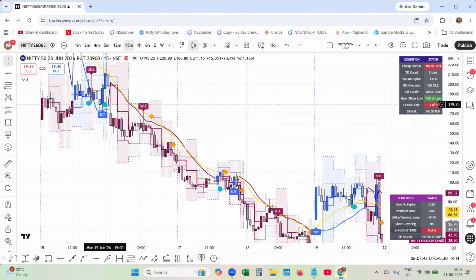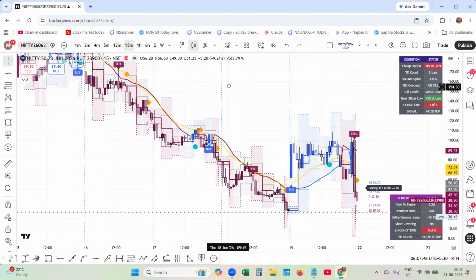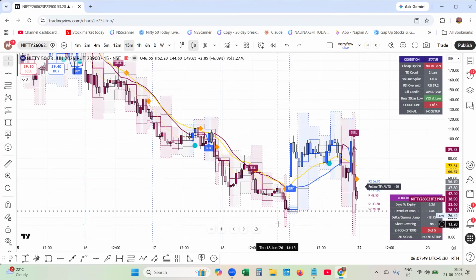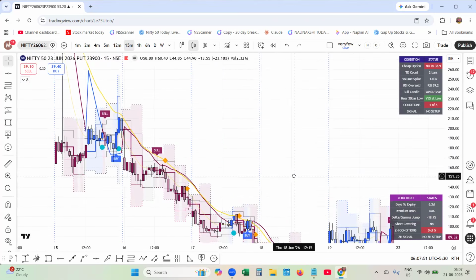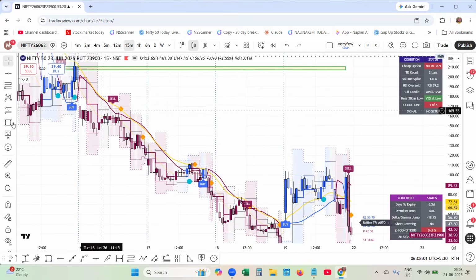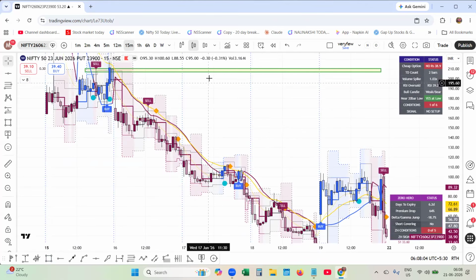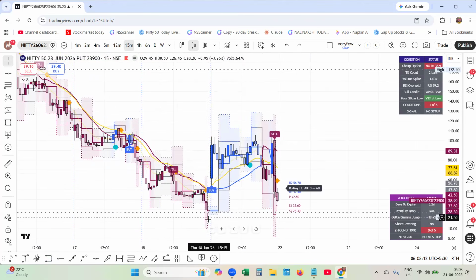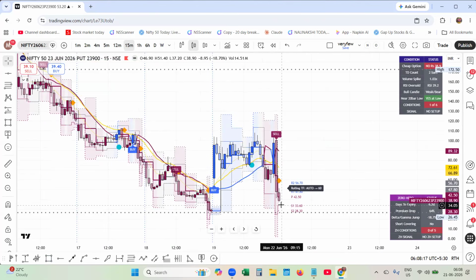Here, throughout, from the 16th, 17th, 18th, how many days? 4 days, 5 days. For 5 days, it has lost its value from 211. If it's a boon for a writer, he could have written the 23,900 put option with the help of my Nalini Precision Engine, and covered over here, and finally the option writer is the winner.